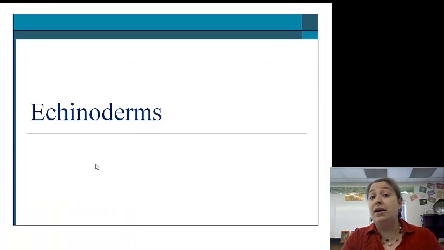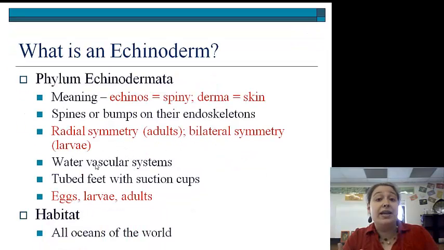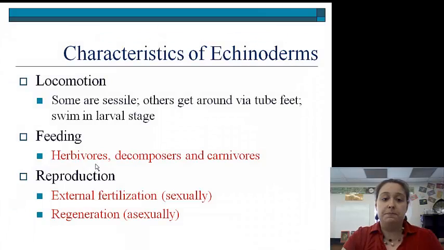Echinoderms, or talking about our sea stars and spiny-skinned creatures. Again, echino is going to be spiny, derm is going to be skin, so spiny-skinned creatures. They have radial symmetry as adults and bilateral symmetry as larvae. So we do see an egg, larva, adult stage. They are found throughout all of the oceans of the world.